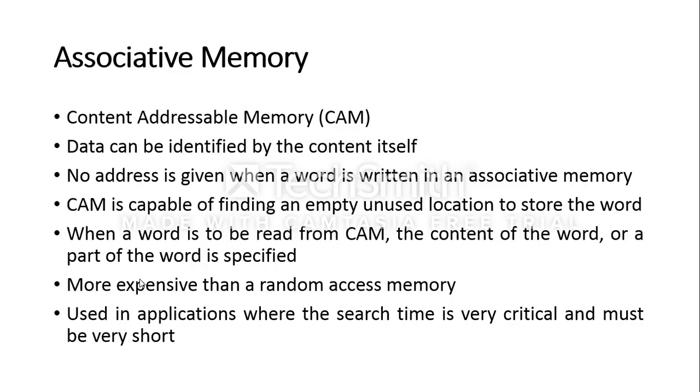There are specific applications in which the search time is a crucial factor, where the search time is very critical and needs to be very short to produce the required results from the memory. For such applications, it is a good option to use associative memory rather than conventional memory like random access memory.